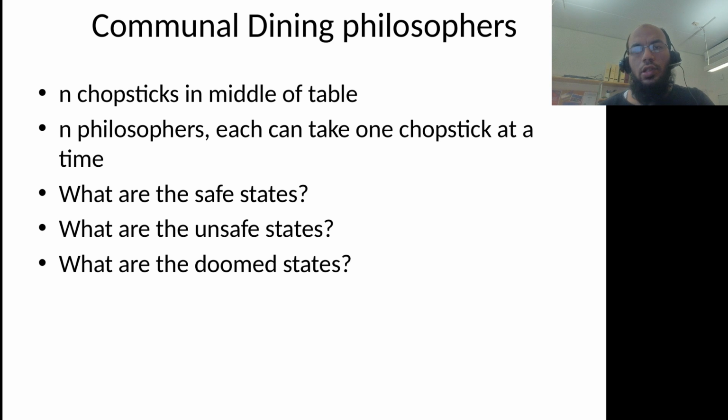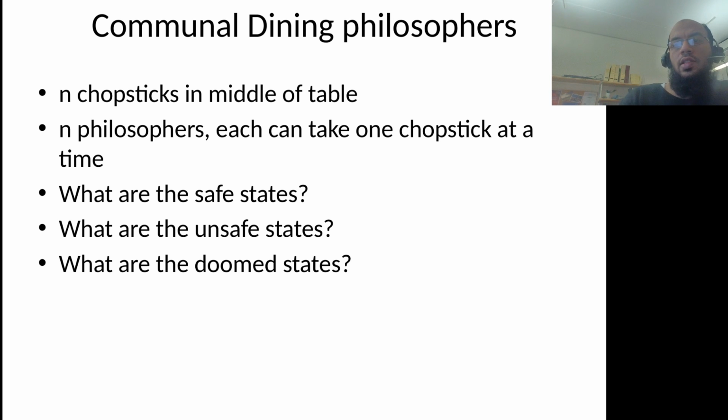There's the communal dining philosophers problem, where you have instead n chopsticks in the middle of the table, and n philosophers each can take one chopstick at a time. Then you can have, for example, a rule that says I pick a chopstick as long as it is not the last one in the middle.